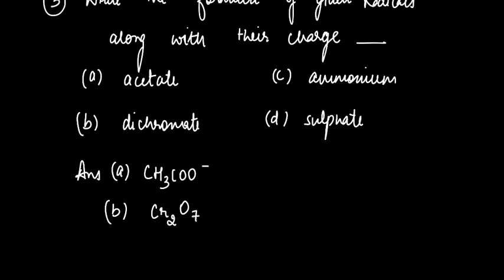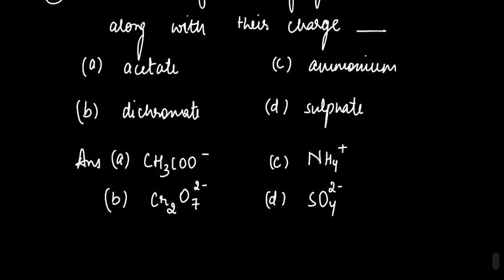How many? You have to remember it: Cr2O7 2 minus. Then ammonium, that's the only cation radical which I discussed in these lectures, that is NH4 plus. Then sulfate, SO4 2 minus. If you remember, sulfate has more oxygen atoms, SO4 2 minus, while SO3 2 minus is sulfite, with one less oxygen atom, and a charge of minus 2.